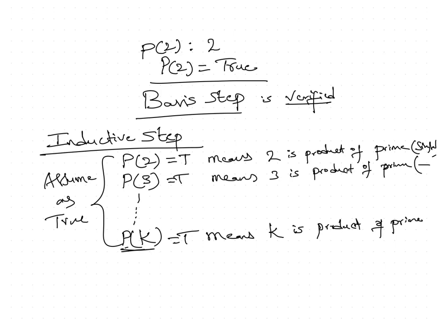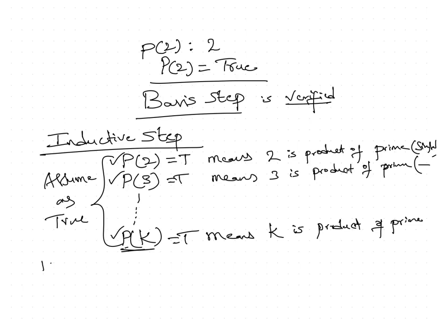prime. Now I have assumed all these propositional statements. P of 2 is one propositional statement, P of 3 is another propositional statement, up to P of k, these propositional statements are true. I assumed all these statements as true. Why am I assuming?